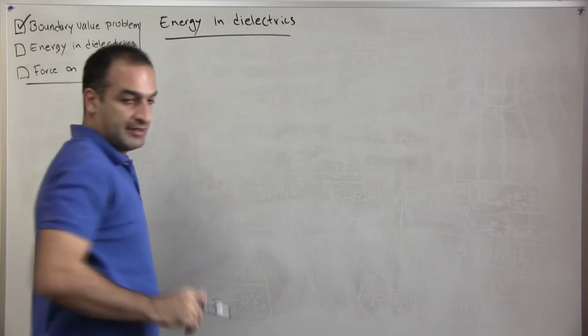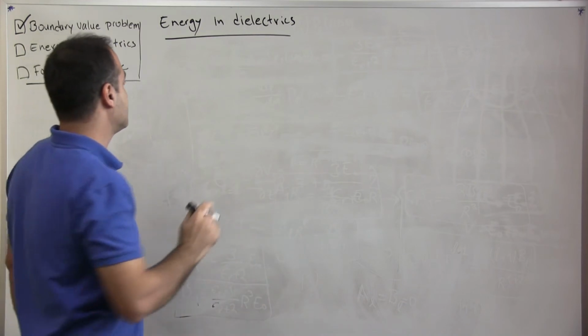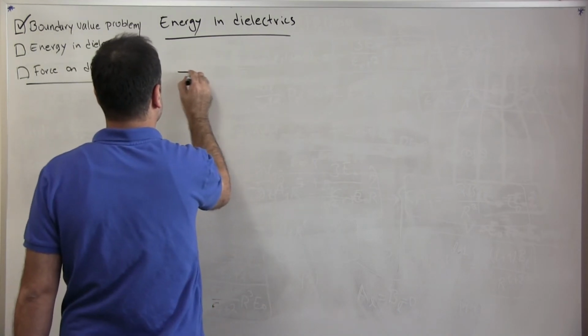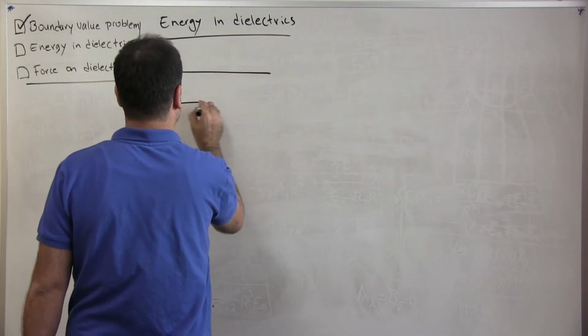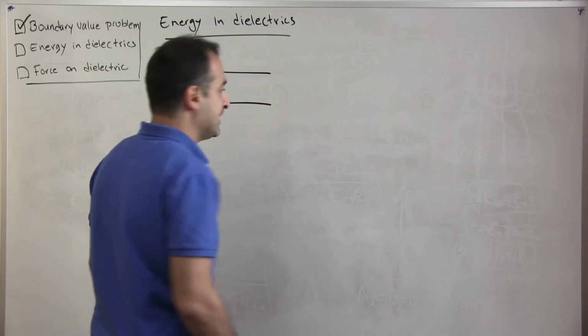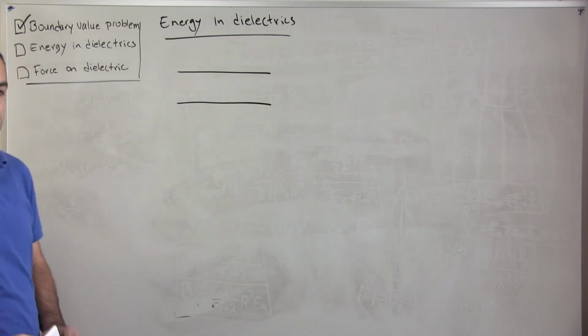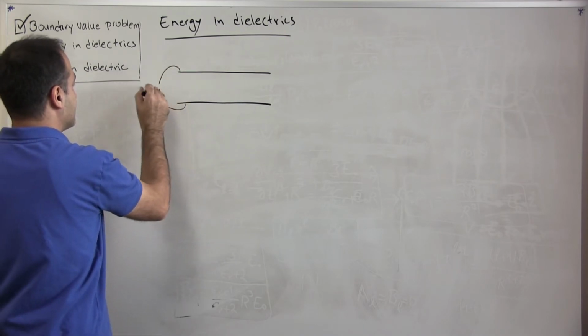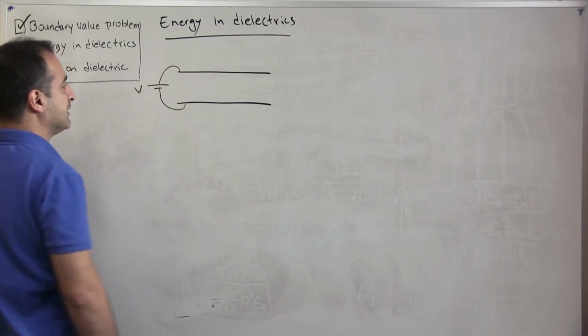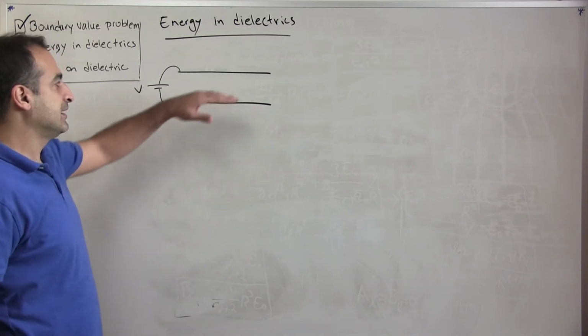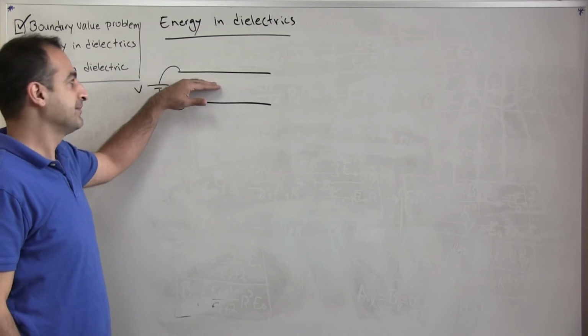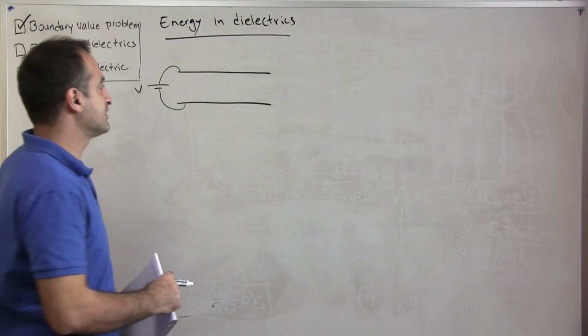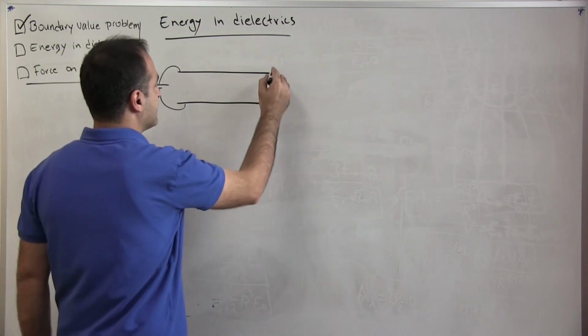All right, so let's look at one capacitor. And imagine we charge the capacitor, in a way, we connect it to a battery with potential of V. So we end up having some electric field inside this, because you have accumulation of charges on the positive and negative side.